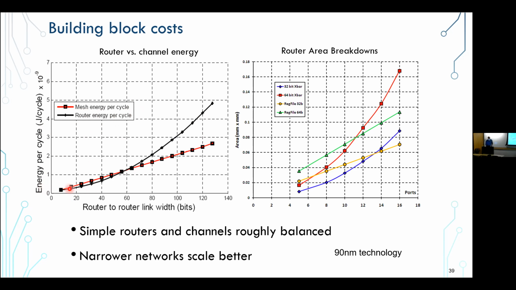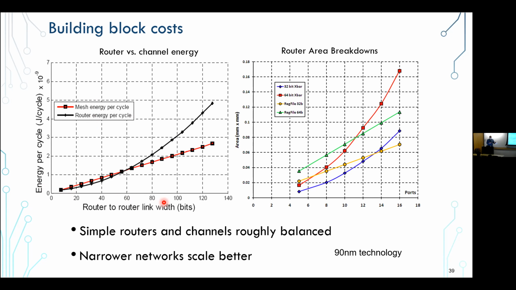How much energy do you burn in the mesh versus the routers alone, right? For some certain throughput that we want in the system, as we increase the router to router link width. Remember the formula for bisection bandwidth, right? As we're increasing the router link width, you're basically getting more and more throughput in the system, right?